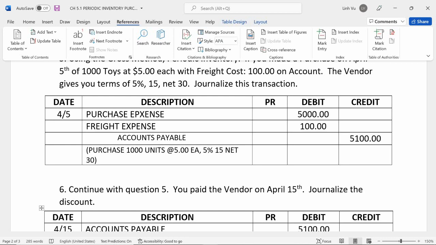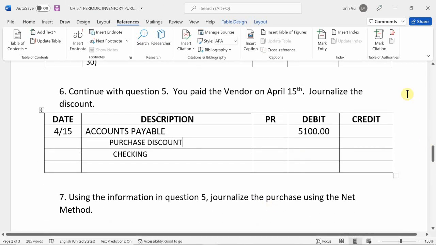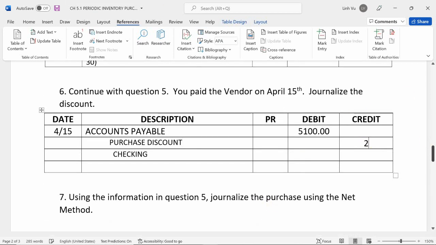So in this case, what is 5% of 5,000? You said 250? Yeah, good. That means you get a $250 discount. So in this case, how much are you going to actually pay?